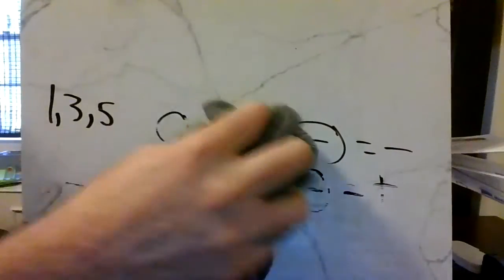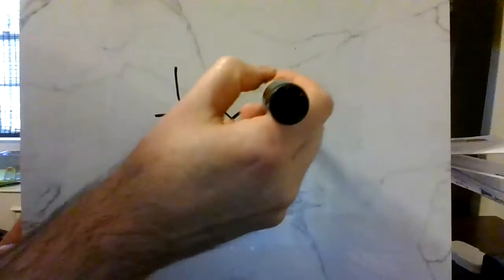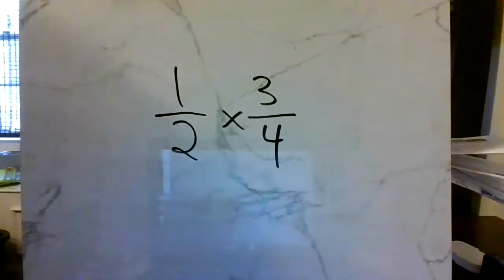Now we're going to do a couple of fractions, and we're going to combine the positives and the negatives together. First, let's figure out how to multiply fractions. Let's say I've got 1/2 times 3/4. Both are positive, so the answer is going to be positive.